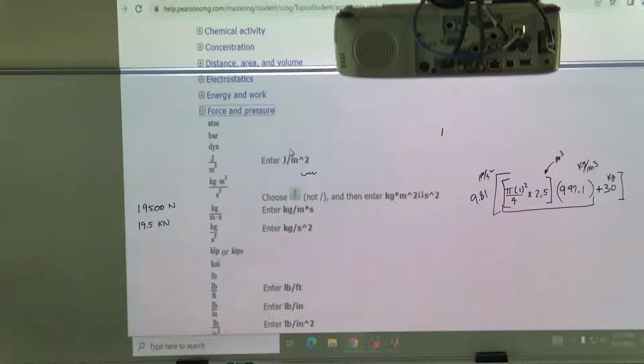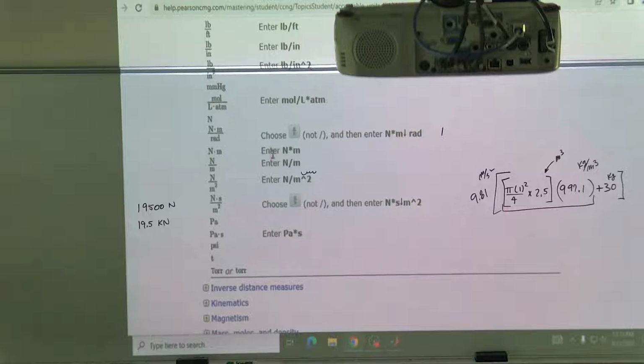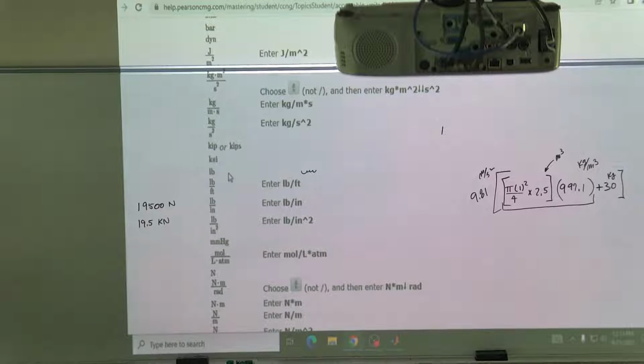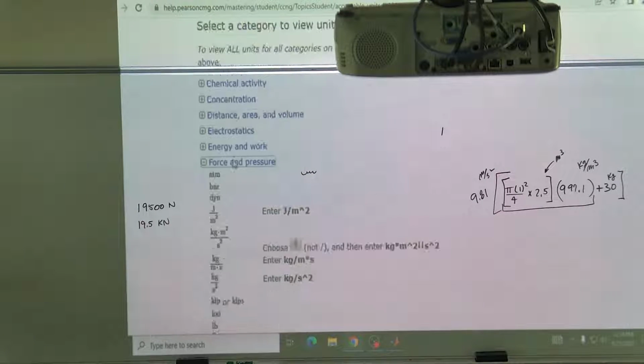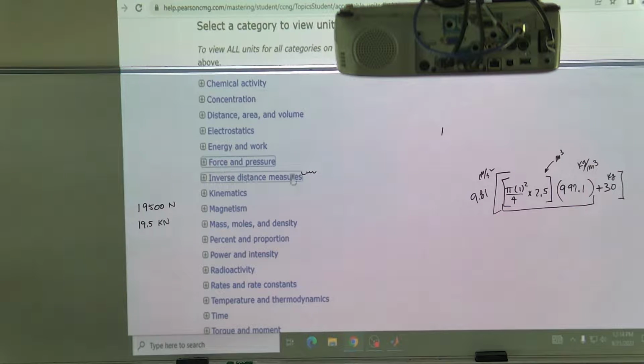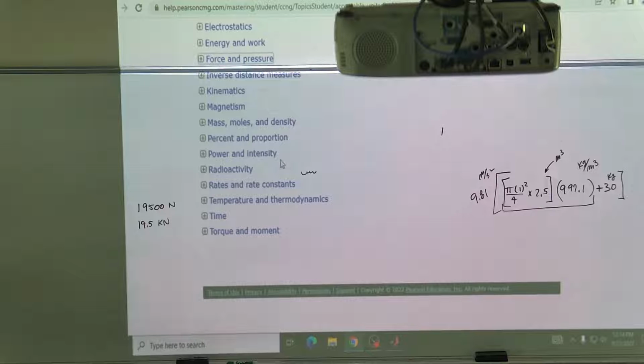I don't know, and he doesn't have, if you look over here, I do not find, I mean, okay. If you're going to put in kilograms, then I would assume he would list that it would be kilonewtons.